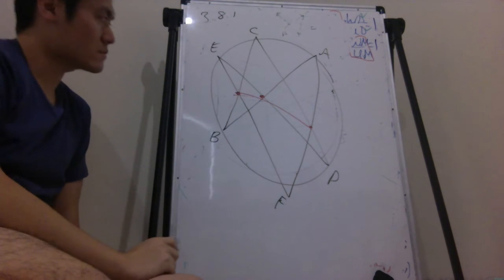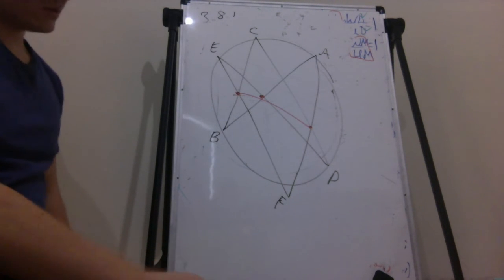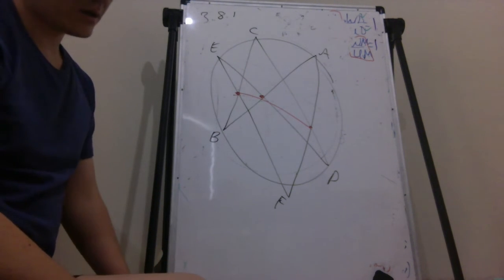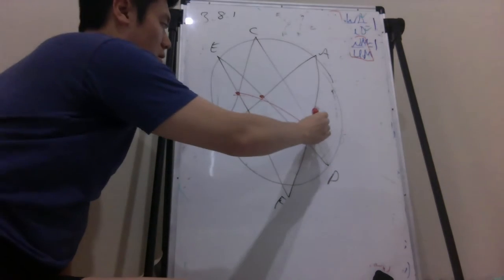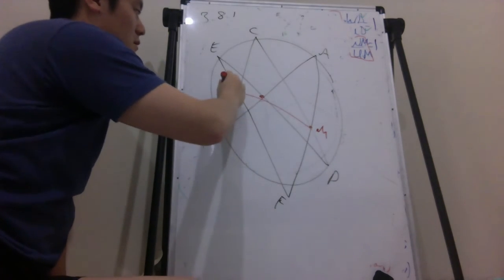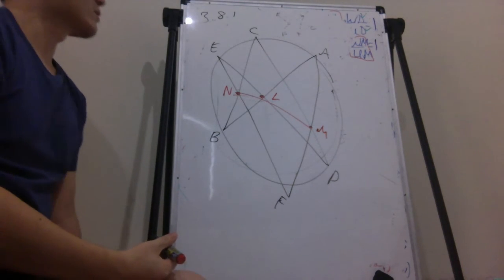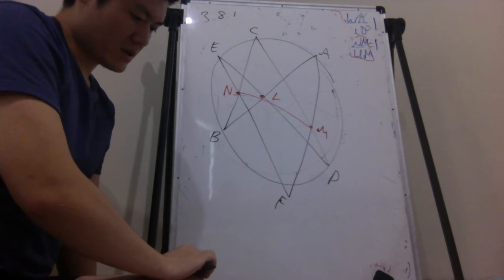So you have 2 things that aren't cancelling. What do you have? Is it an N, L, N, L? This is M, this is N, that's L. So the things that don't cancel, do we have an EN on top?